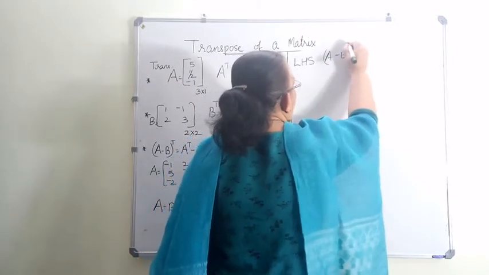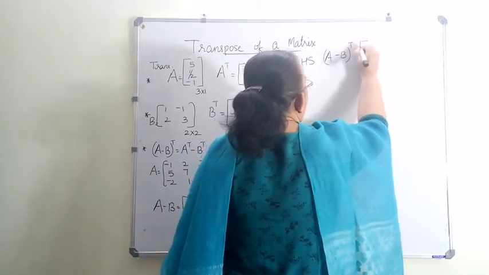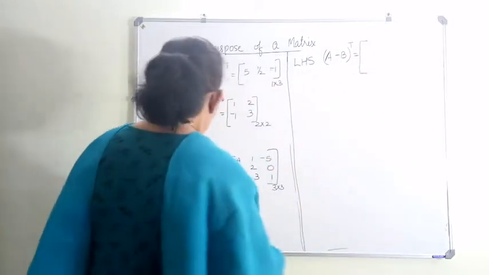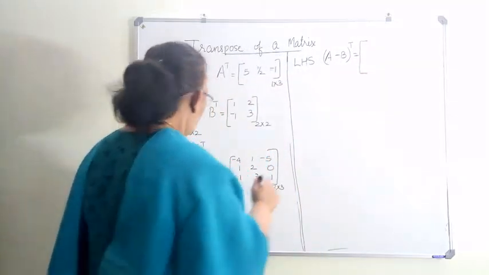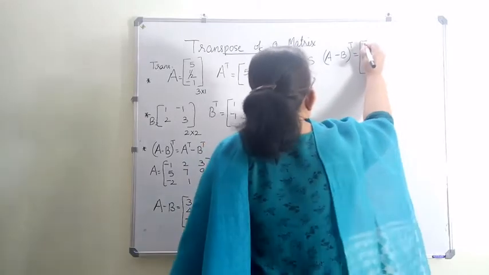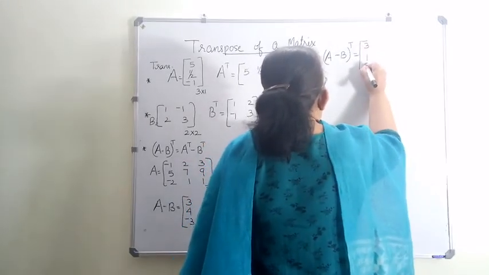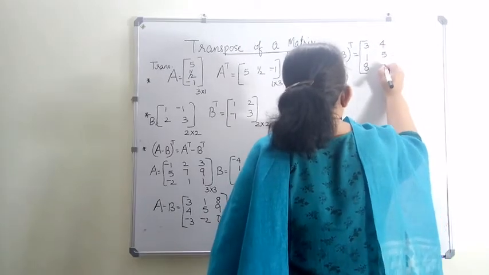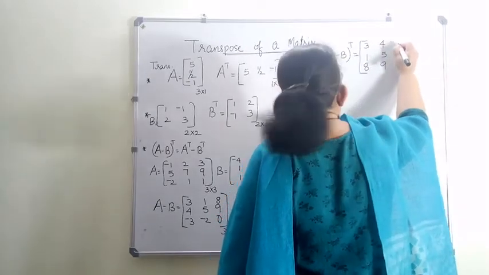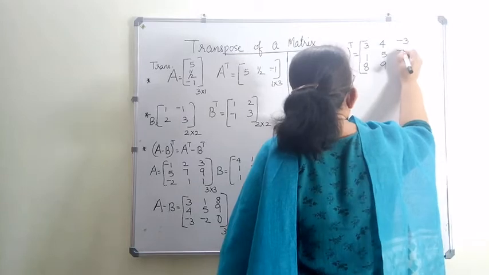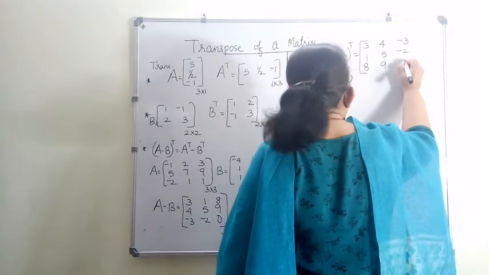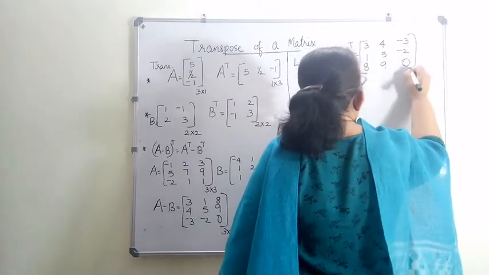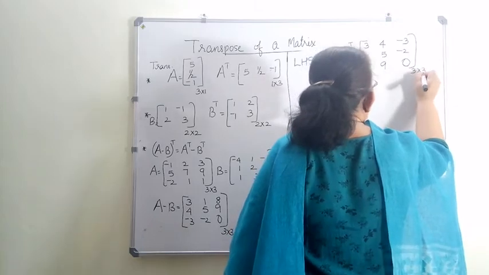Yes, you are correct. (A - B) the whole transpose is equal to, rows become the columns. 3, 1, 8, 4, 5, 9, -3, -2, 0 of order 3 by 3.